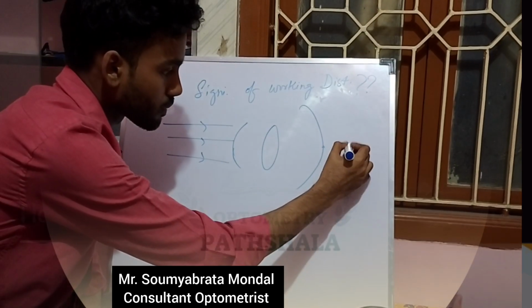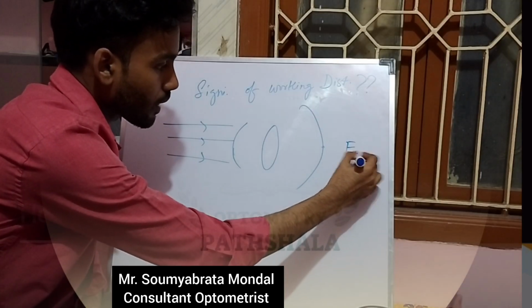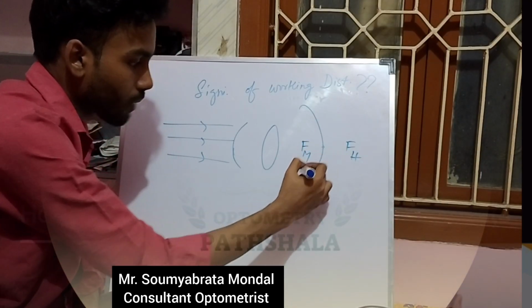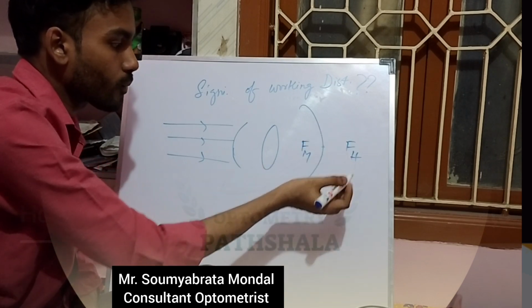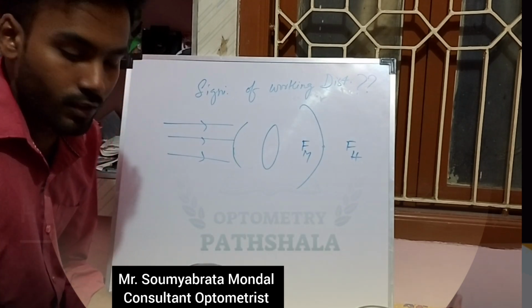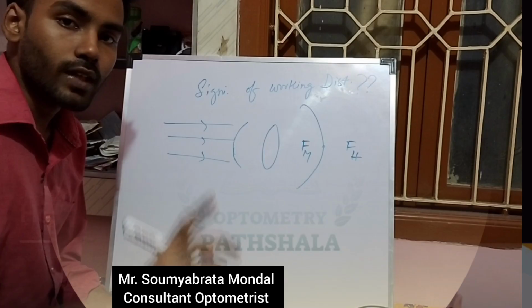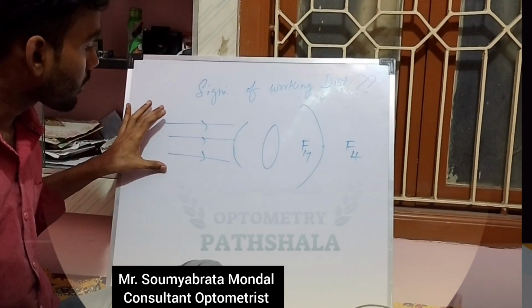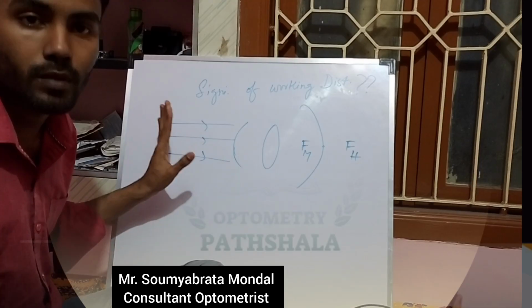If it is focused behind, it is called hypermetropia. If it is focused in front, it is called myopia. If there are two different focal points, it is called astigmatism. So all the refractive errors are determined by the light rays which are parallel, which are coming from infinity.